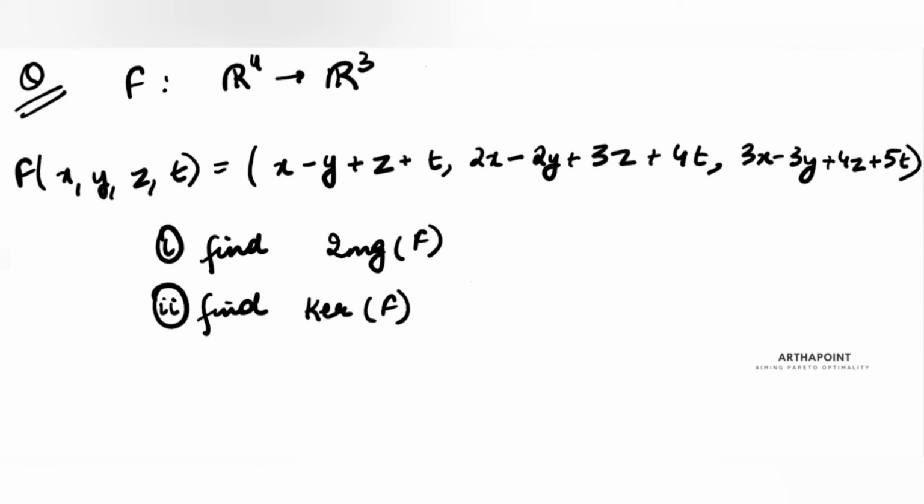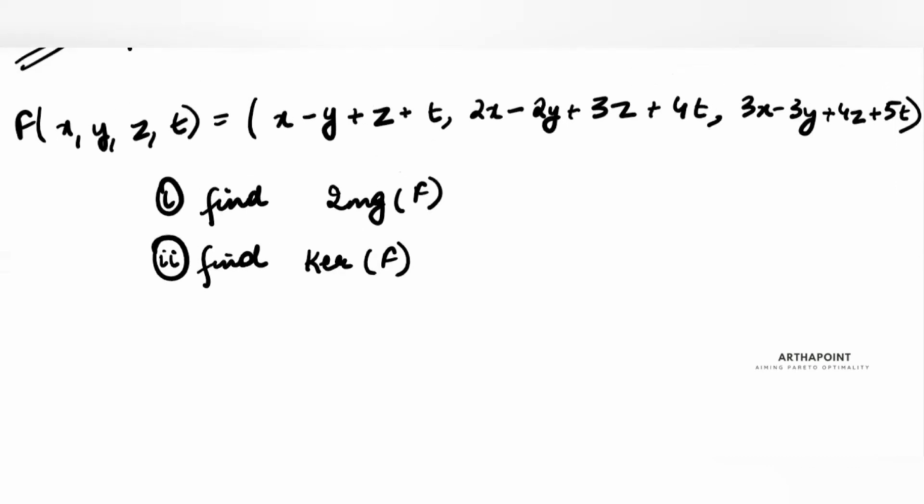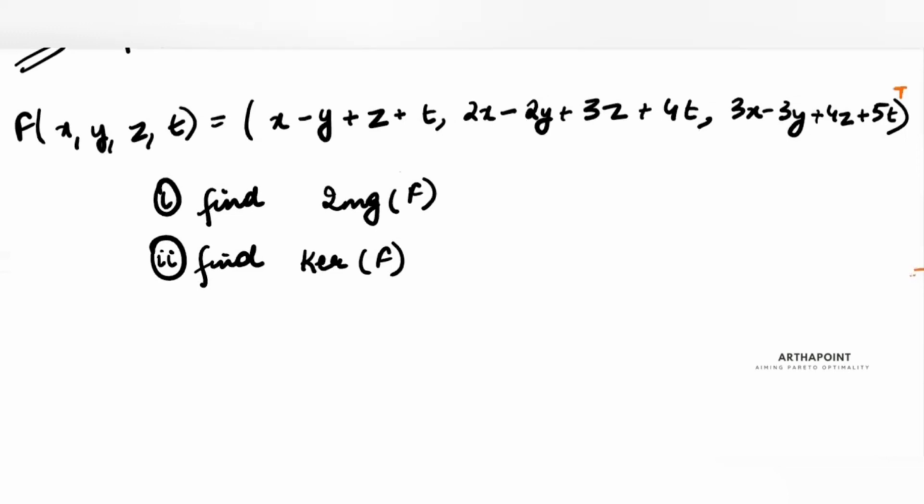Let's go ahead and do that. Now, how do you find the image of f or kernel of f? First of all, I will write it in a better formation. Let's think of this as a transposed vector, so everything is a transposed vector so that I can present it better.